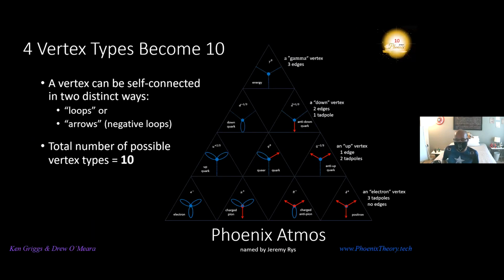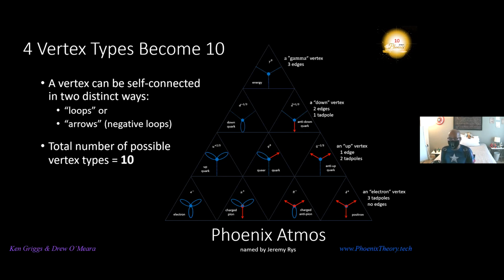Now, when we were just talking about these up quark and down quark and pieces of energy, or these gamma vertices, what we didn't talk about is how a vertex actually connects to itself. It can take on 2 forms. When a vertex connects to itself in a positive way, we call that a loop.